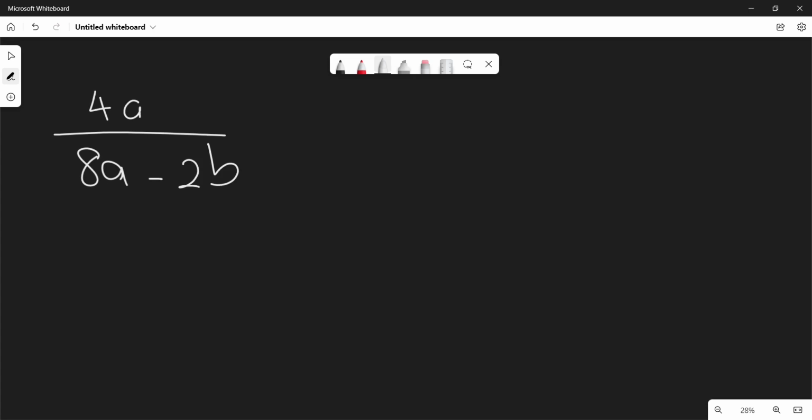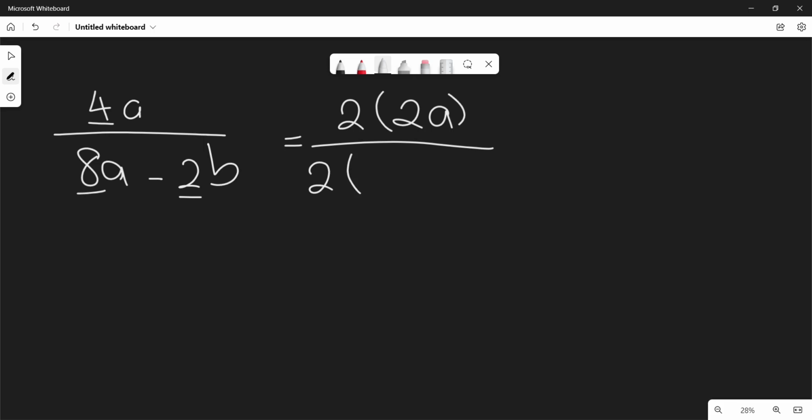Right? So in this example, I'm going to factorize 2 because it's the highest common factor between all constants, meaning all numbers, right? So if I factorize 2, that means I have to take 2 out, and 4a divided by 2 will just be 2a, right? This is common factors. In the denominator, we are also factorizing 2.